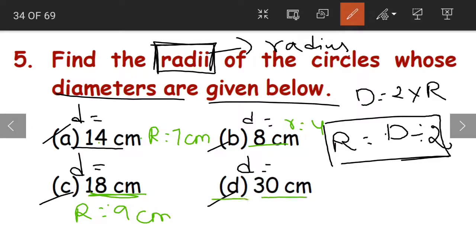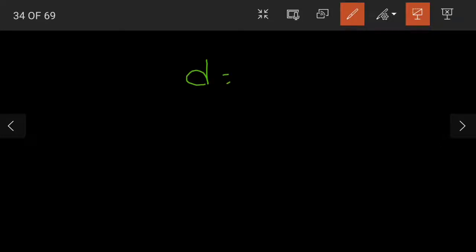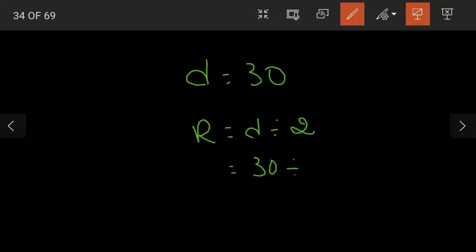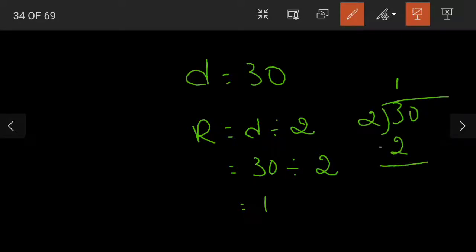Coming to question D, diameter is equal to 30 centimeters. Then radius is equal to diameter divided by 2. 30 divided by 2, that is equal to how much? 2 1s are 2. When we subtract, 1 is remaining, 0 brought down. 2 5s are 10. When we subtract, 0 is our remainder.